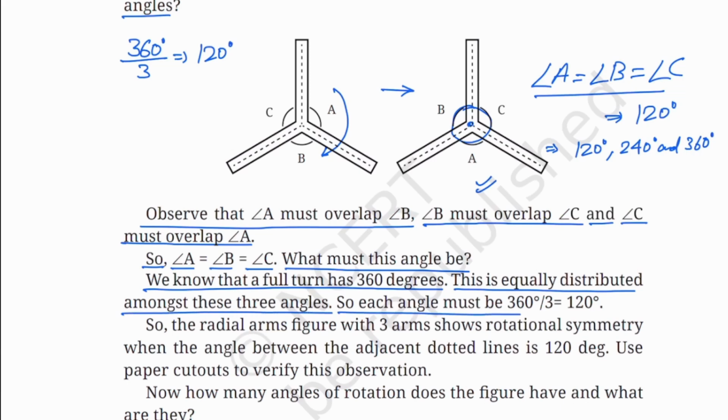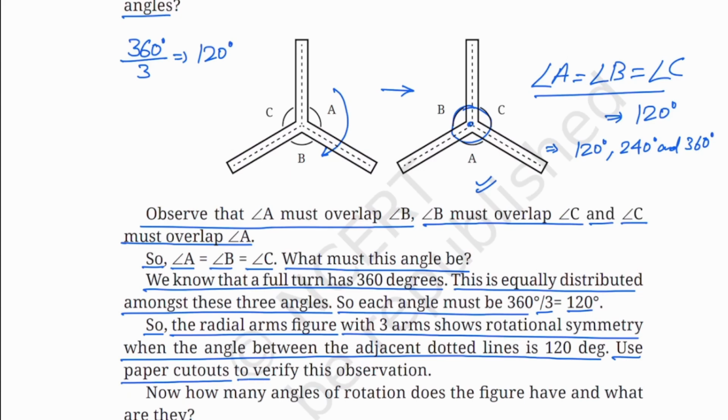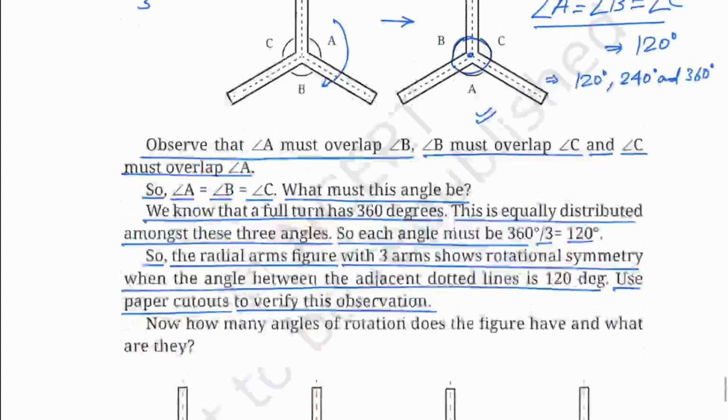So each angle must be 360 degrees divided by 3, which is equal to 120 degrees. So the radial arms figure with three arms shows rotational symmetry when the angle between the adjacent dotted lines is 120 degrees. Use paper cutouts to verify this observation.